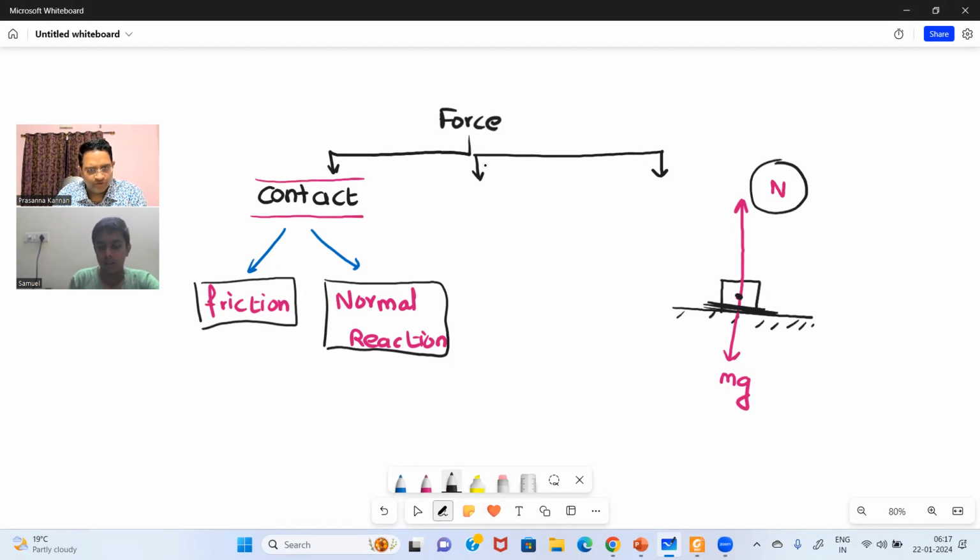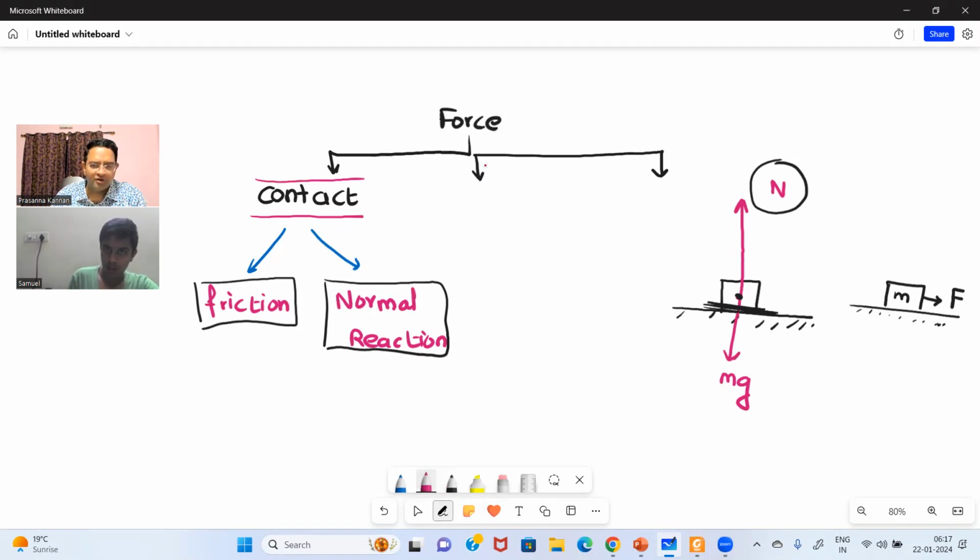Now, coming to friction. Friction is always a tangential force, not necessarily horizontal. For example, I have a block. Let's say the surface has friction. I'm trying to move this block by applying a force.